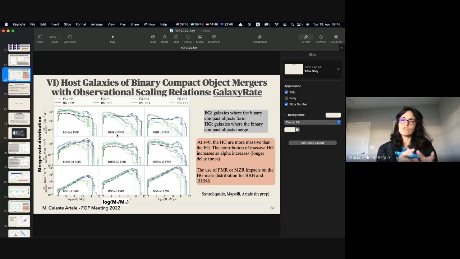I focused mainly on isolated systems in my talk, but there are other formation channels, where binary compact objects are dynamically formed in star clusters or globular clusters. This will also provide different features, and of course, these are not included in the population synthesis codes. Well, that was a very long reply, sorry.